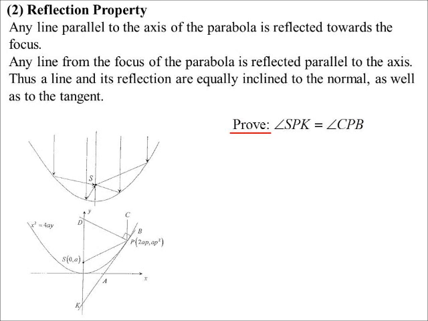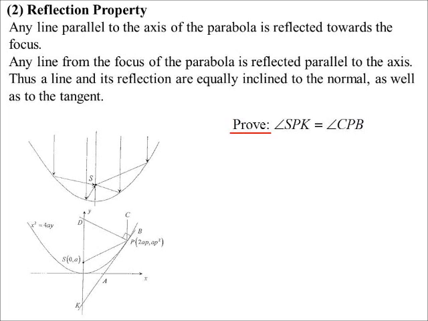So we want to prove that. So here we are, x squared equals 4ay. What we're going to do is use the tangent as the straight line that we're going to work out the angle with, because obviously you can't find an angle with a curve. It's always to the tangent. So I want to show that angle KPS is equal to CPB.